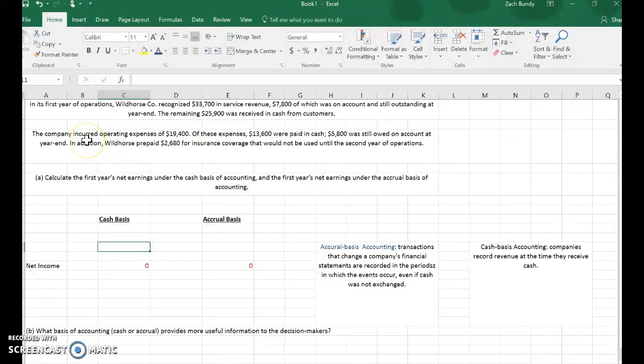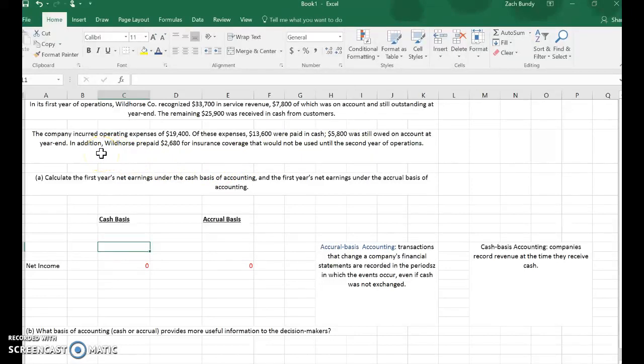The company incurred operating expenses of $19,400. So to perform the services or goods for the past year, it cost them $19,400. Of these expenses, $13,600 were paid in cash, meaning that $5,800 are still owed, bought on credit, however you want to think of that.